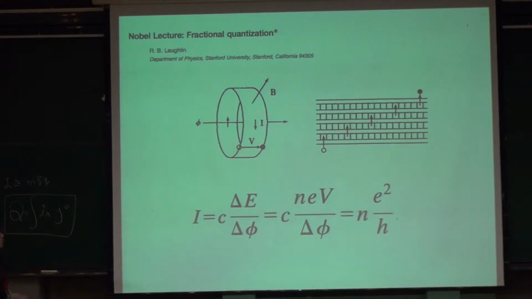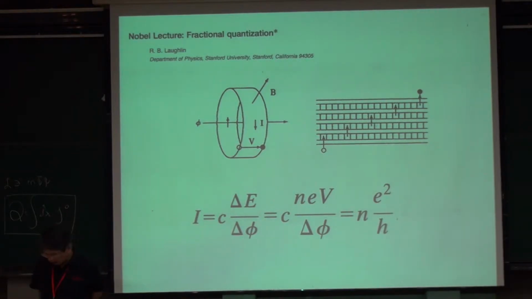And Laughlin said, if we adiabatically put a flux through the center, as you can see clearly in this diagram, the effect of that adiabatic process is to move one electron from the left edge to the right edge.